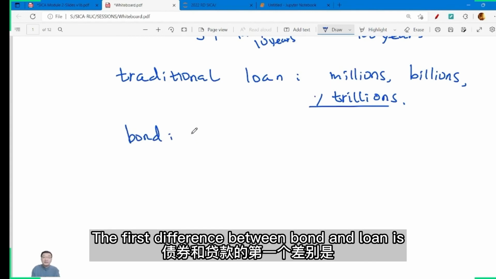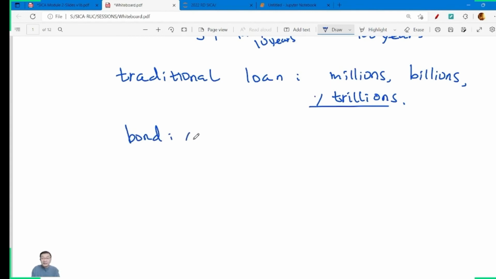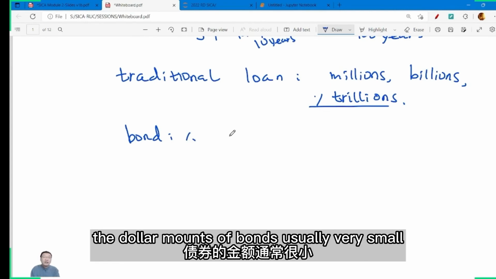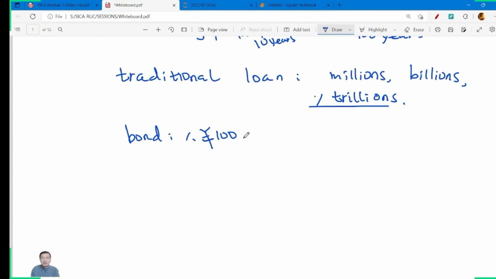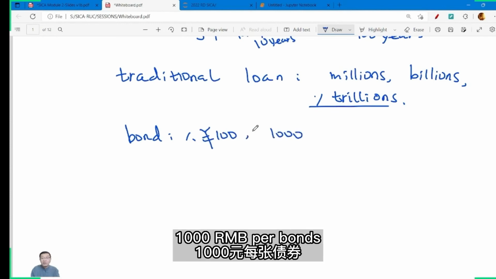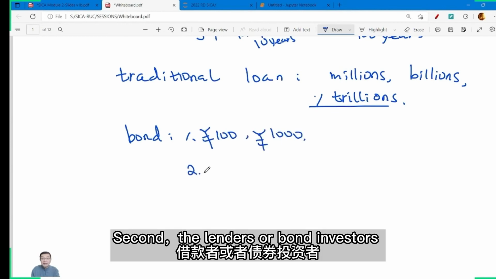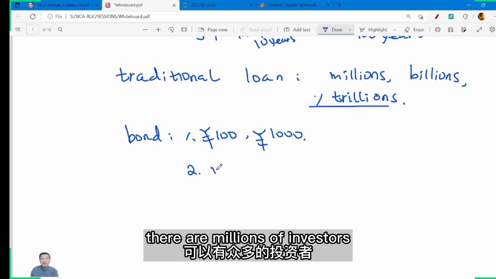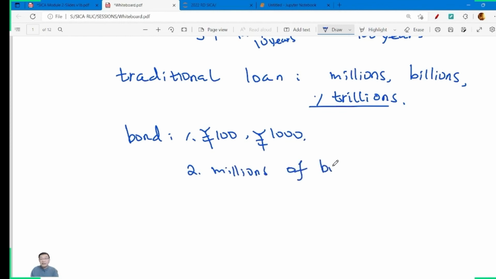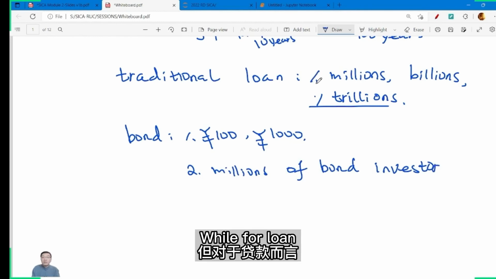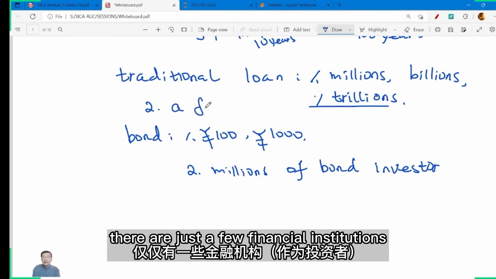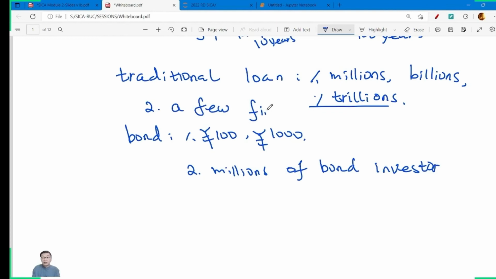The first difference between bond and loan is the dollar amount of a bond is usually very small, such as 100 RMB or 1000 RMB per bond. Second, for lenders or bond investors, there are millions of bond investors, while for a loan, there are just a few financial institutions.